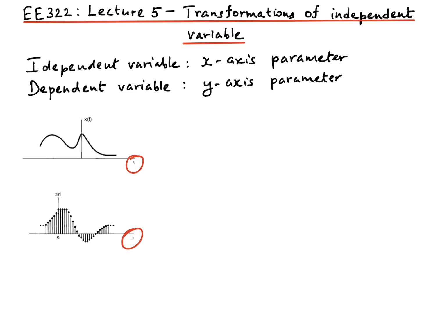There are three different transformations that can be done on the independent variable, and we will study each of those transformations one by one, and later on we'll see how to put these transformations together.